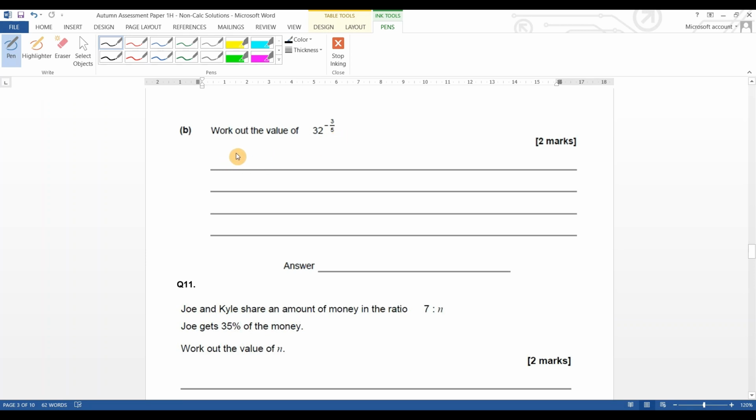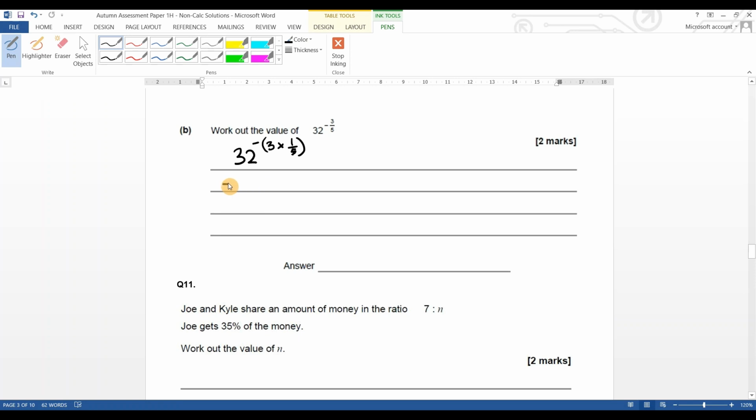Let's split this up. In fact, let's split it into 32, and then your power goes here. Let's split these powers into what it's made of. So technically, it's the same as 3 times 1/5. Yeah, that's the same as 3/5, isn't it? Or minus 3/5. Okay, let's put a minus there then.